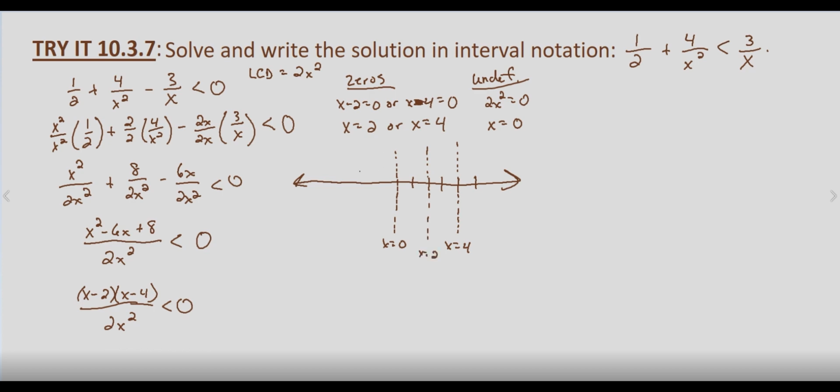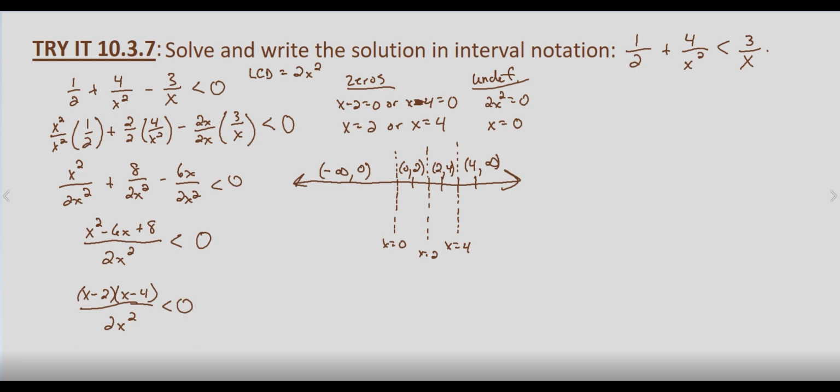So that breaks this up into the following intervals. We have, for our intervals, from negative infinity to 0, from 0 to 2, from 2 to 4, and from 4 to infinity. So we will test a value in each one of those in our found expression.